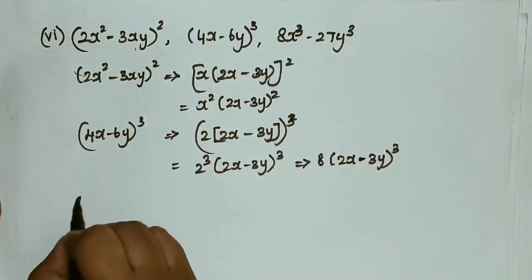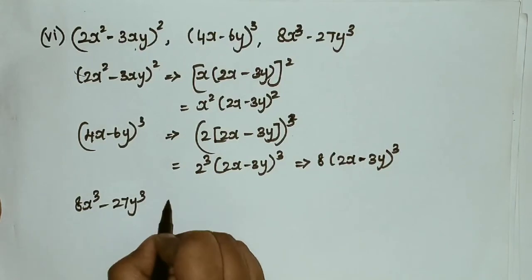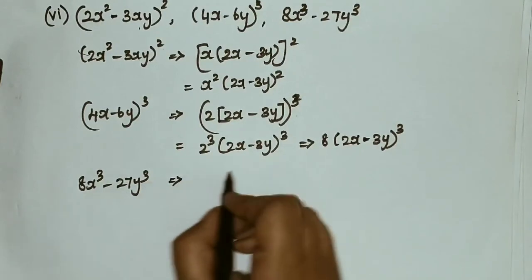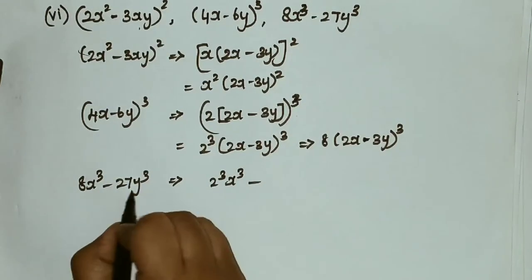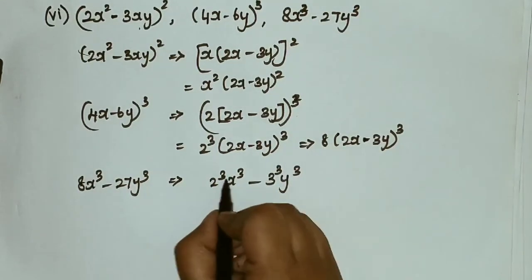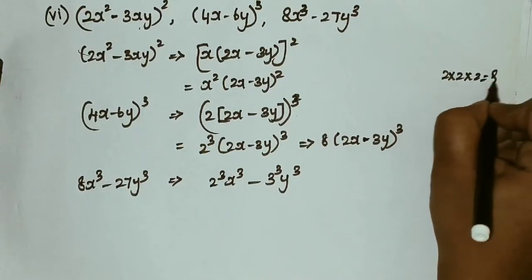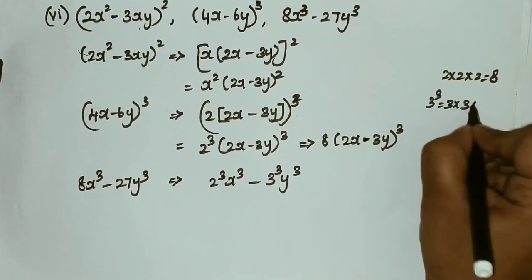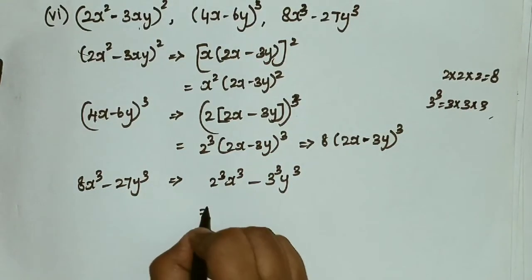What is my next one? 8x cube minus 27y cube. Here I can write this 8 as 2 cube x cube, minus I can write this 27 as 3 cube y cube. 2 cube is 2 into 2 into 2 is 8. 3 cube is 3 into 3 into 3, 3 3s are 9, 9 3s are 27.